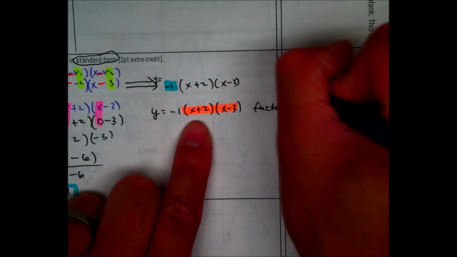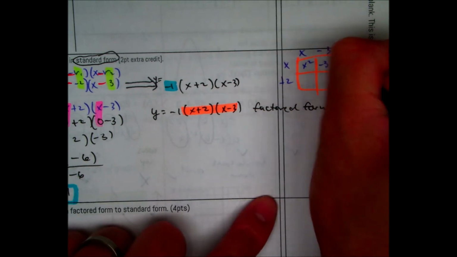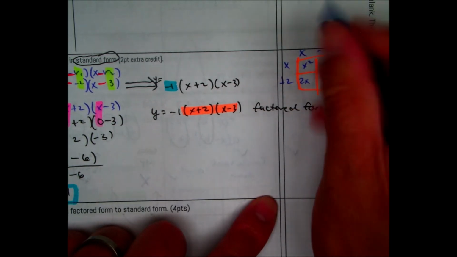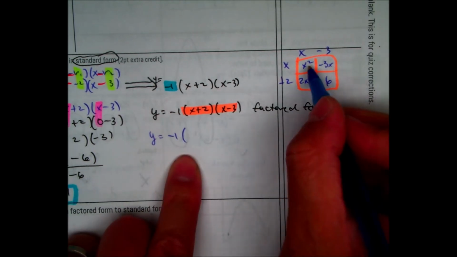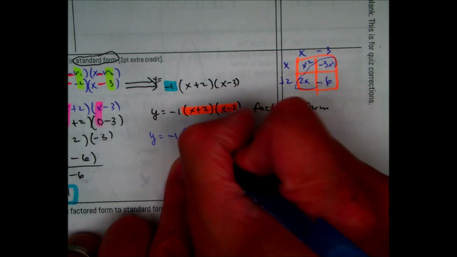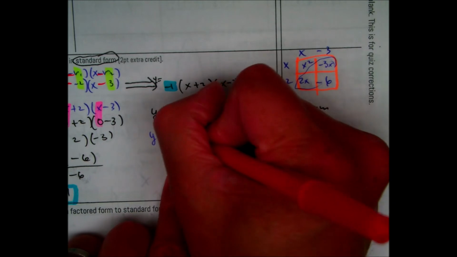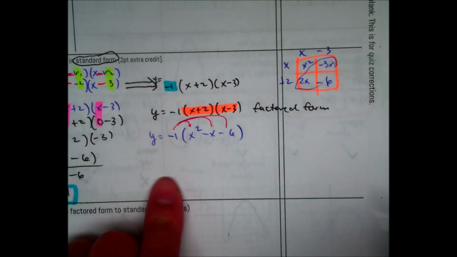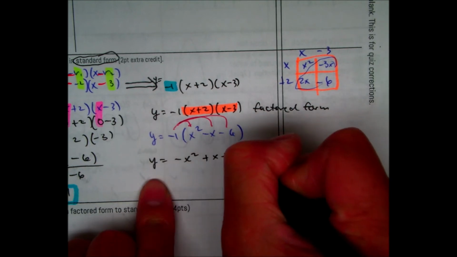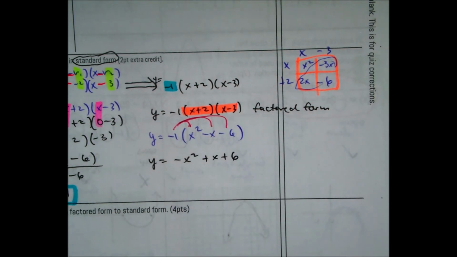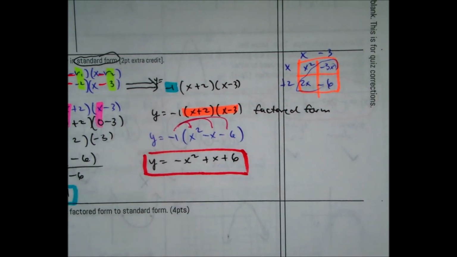So I have x plus 2, x minus 3, I get x squared, multiply negative 3x, multiply 2x, negative 6, and then combine like terms. So I have x squared minus x minus 6, and then I'm going to distribute. You're going to get y equals negative x squared plus x plus 6 as the answer. If you got that question, you would get extra credit.